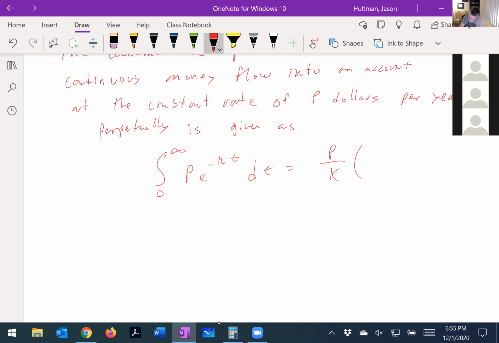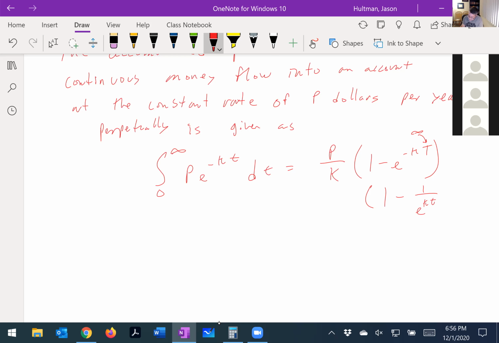And then what was it before? It was 1 minus e to the negative kt. But in this case, what is t going to? T is going to infinity. So does this converge? Yeah, it does converge. 1 minus 1 over e to the kt.